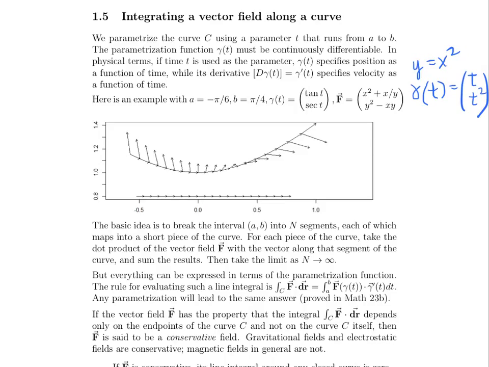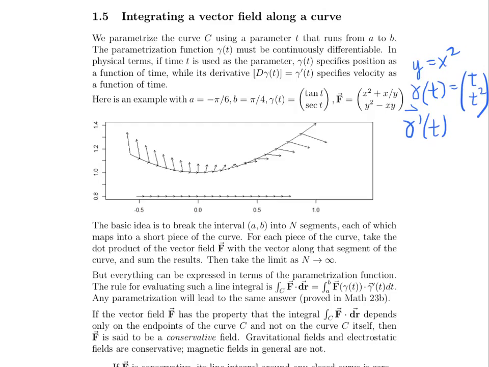A good thing to note, though, is that gamma itself does not point in the direction of the curve. Gamma itself points from the origin out to a point on the curve. It's not until we calculate gamma prime, the derivative of the parameterization, that we actually have a vector that's moving in the direction of the curve.